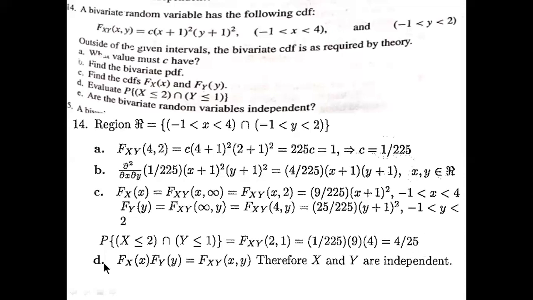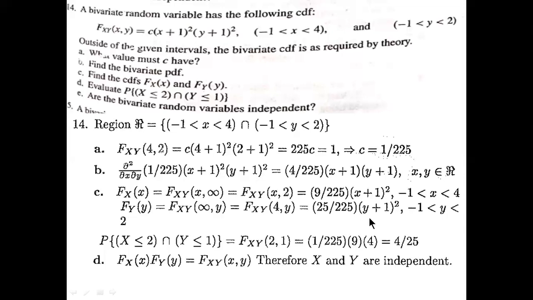Then if you see f of x and f of y, if you multiply these two, you'll get 9 into 25 divided by 225 into 225, that will give 1 by 225, (x plus 1) square multiplied by (y plus 1) square, and that is what we have here also because C is equal to 1 by 225.